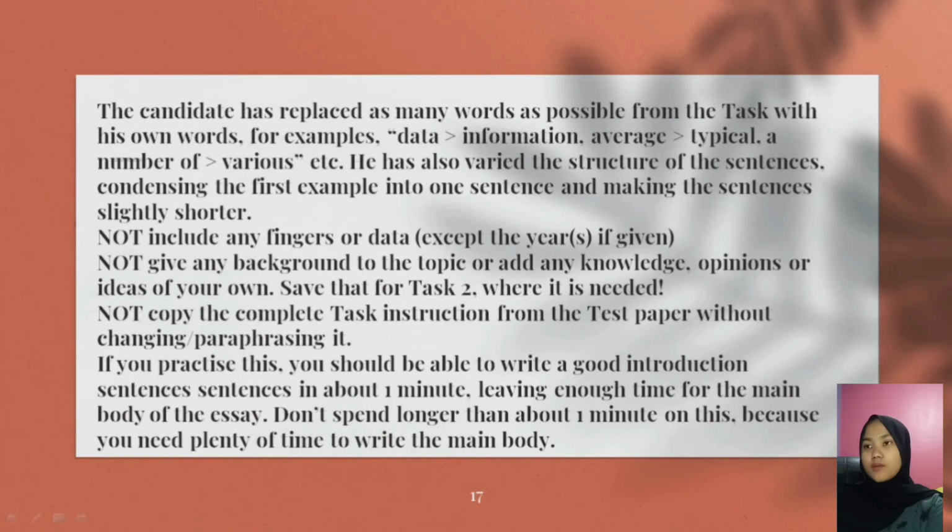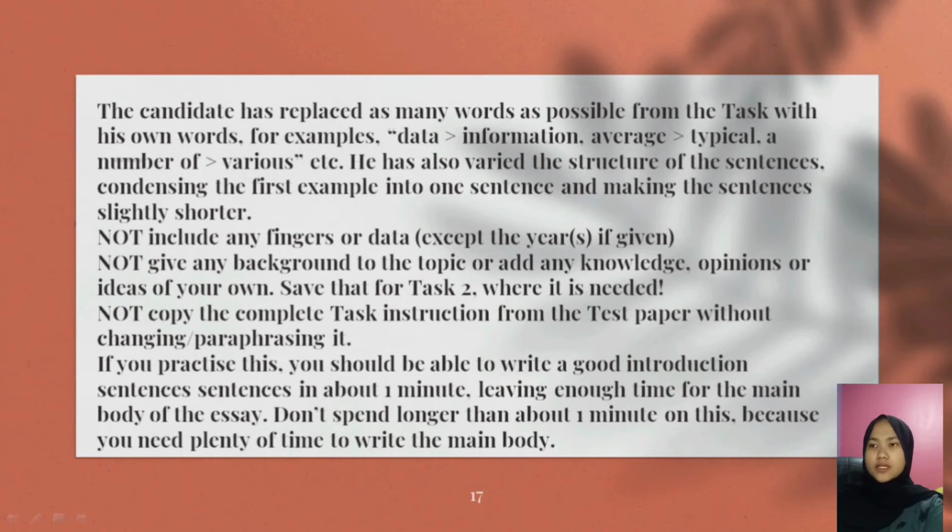Do not give any background to the topic or add any knowledge, opinion, or ideas of your own. Save that for Task 2 where it is needed. Do not copy the complete task instruction from the test paper without changing or paraphrasing it.